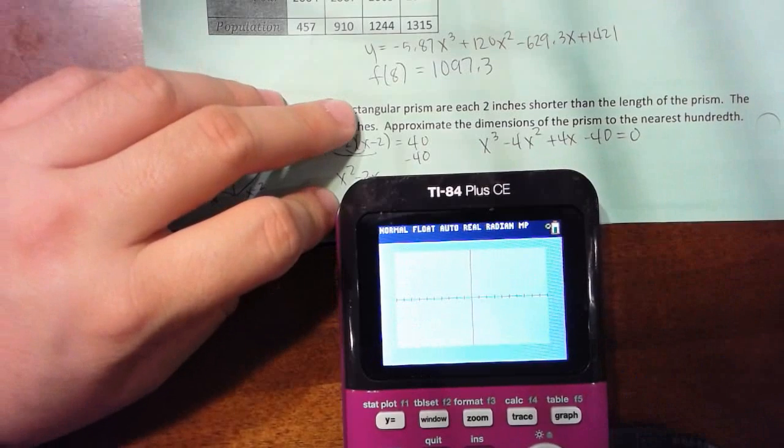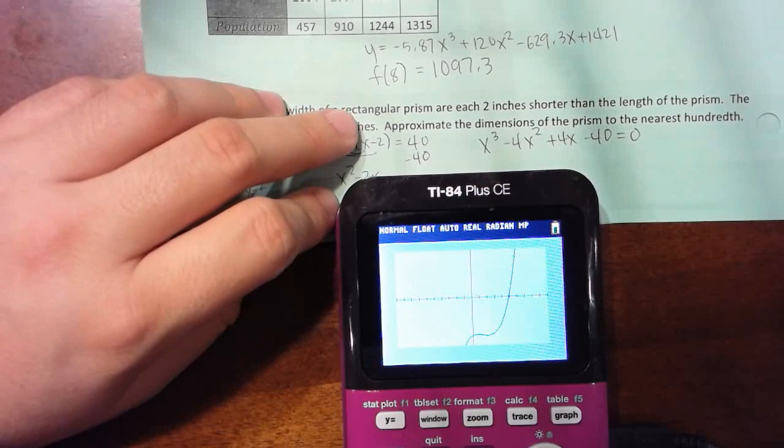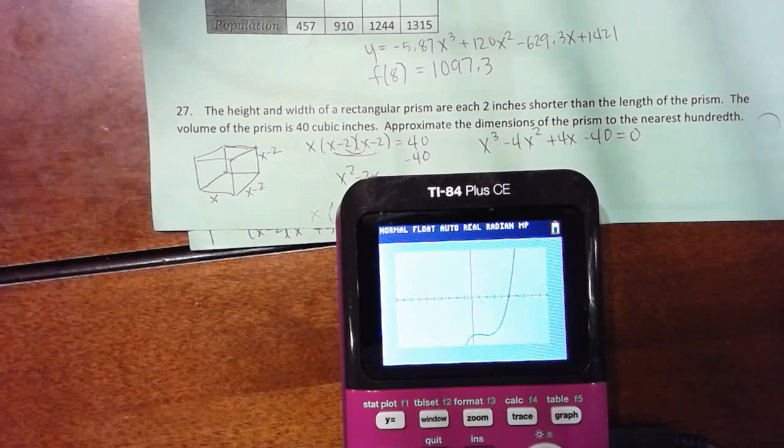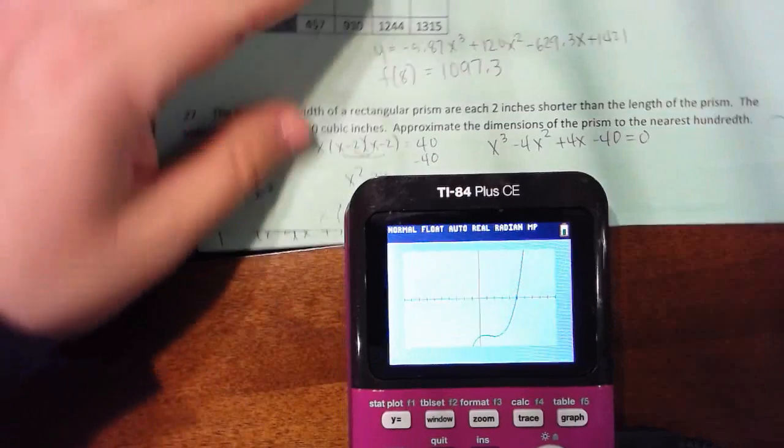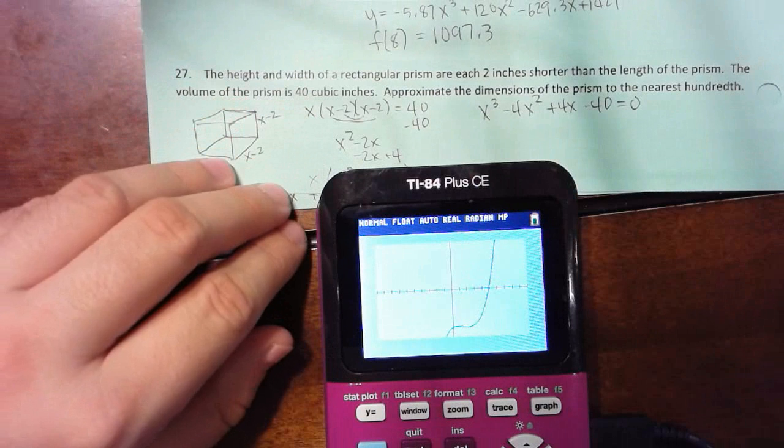Let's see what happens. Okay, what I want to do is find my zeros. Oh my goodness, I don't even know if this one's going to work. There's only one zero, right? What does x equal?